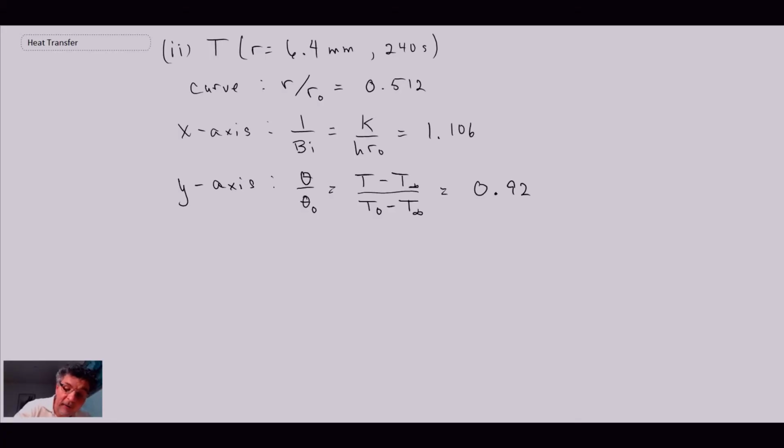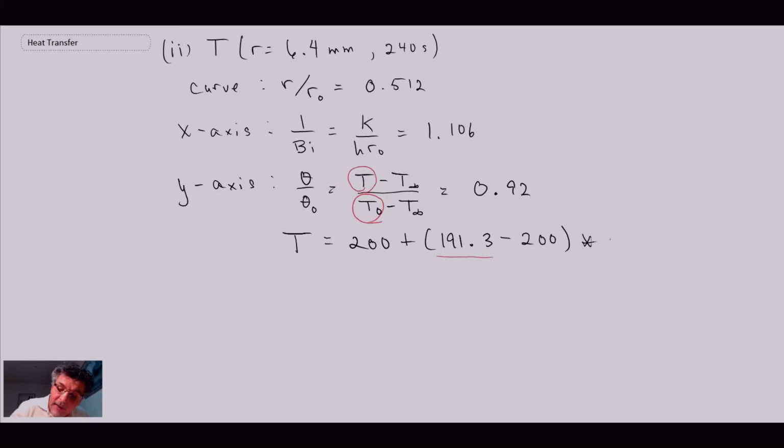Again, what we're after is the temperature at the radial location at 4 minutes. Notice what we need here: we need T naught, and that's pulled from the solution of the previous part, so you'll probably recognize that number.